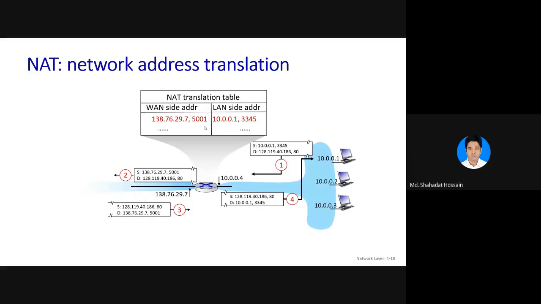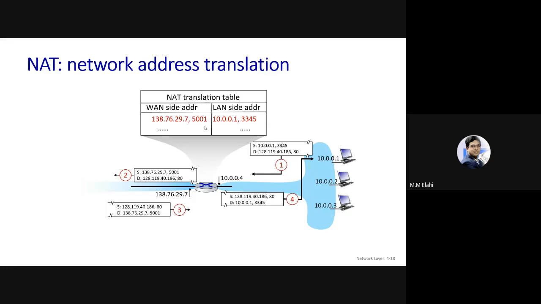So now, yes sir, many different connections can be made simultaneously, and whenever replies come, there is no problem, because each reply will have a different port number at the router. The router has the corresponding entry, so the router will know which local host it must forward the packet to. Now the problem is solved.